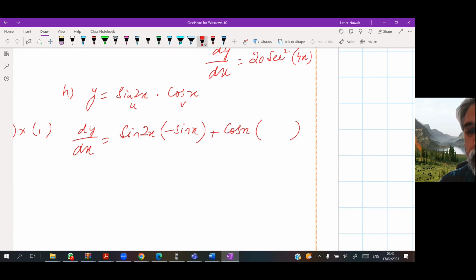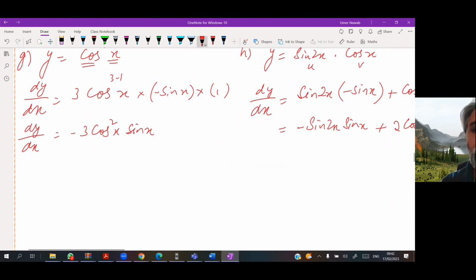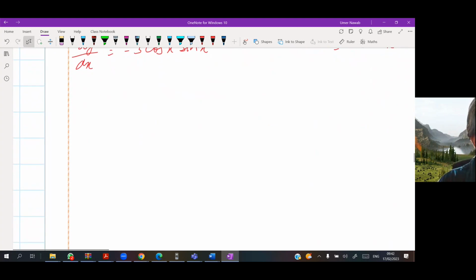What is the derivative of sine 2x, which is cosine 2x times the further derivative of 2x, which is 2. To write it in beautiful form: minus sine of 2x sine of x plus 2 cosine of x cosine of 2x. H is done. I'm going to go to the j part. No, there is an I part also.